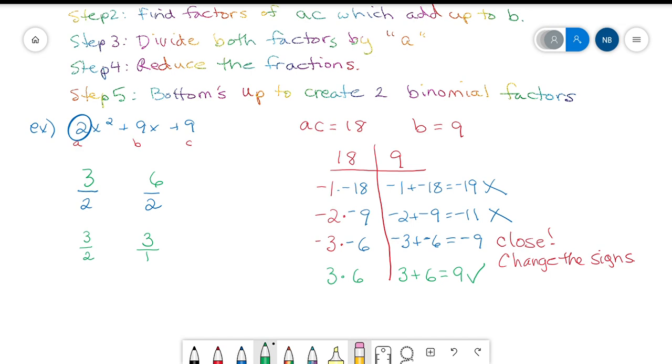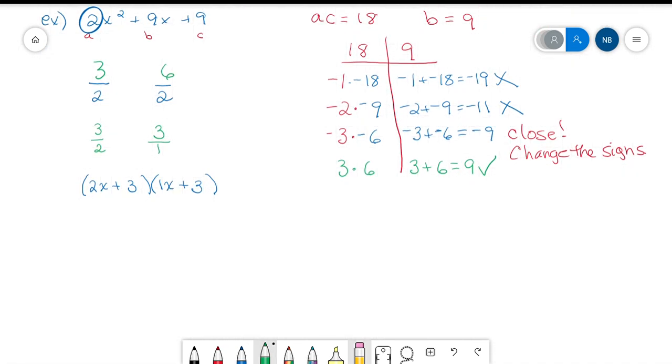If you don't remember how to reduce fractions, you can type them in the calculator and hit math, enter, enter, and it will reduce the fractions for you. One last step, the bottoms up step. You take the denominator 2, attach it to an x, and then put the numerator positive 3 beside it. The other factor, you take the denominator 1, attach an x to it, and put the numerator positive 3 beside it, and you're finished.